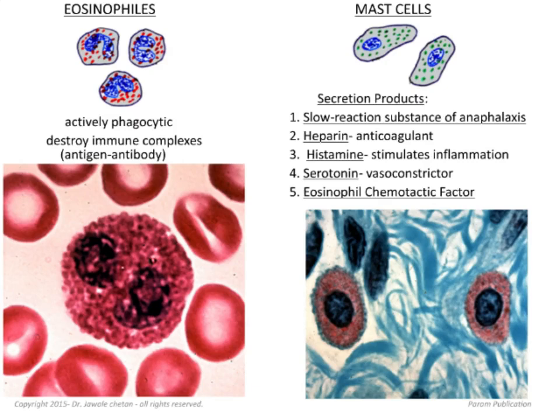Eosinophils, again in connective tissue, are actively phagocytic and destroy immune complexes, antigen-antibody. Mast cells: the secretion products are slow reacting substance of anaphylaxis, heparin, an anticoagulant, histamine, which stimulates inflammation, serotonin, a vasoconstrictor, and chemotactic factors, produced by the mast cells in connective tissue.